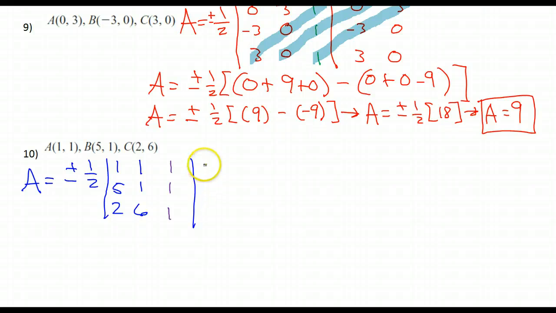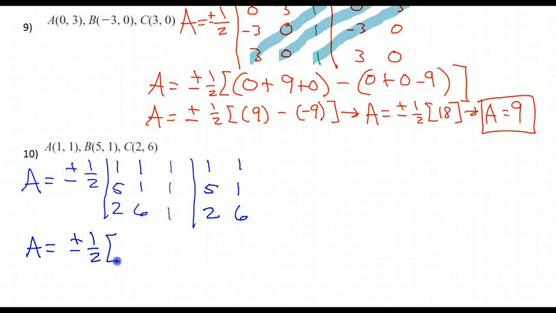And then I will copy. So this will be 1, 5, 2, and 1, 1, 6. So the area will be plus or minus 1/2 times the down diagonals minus the up diagonals.